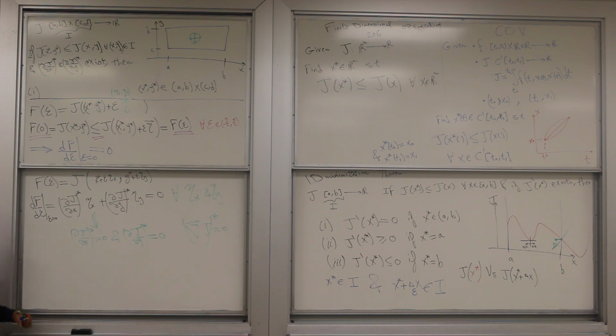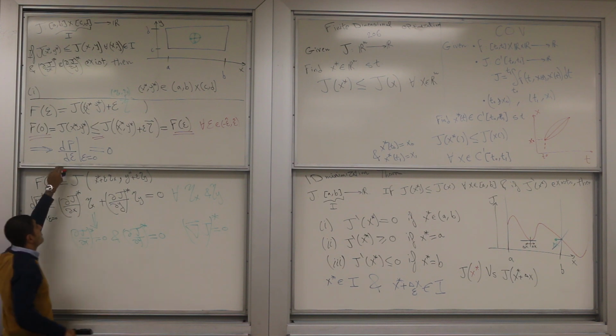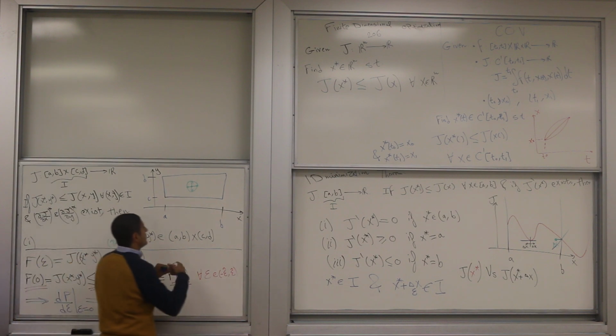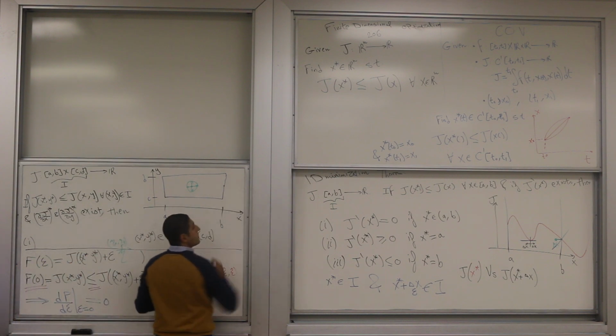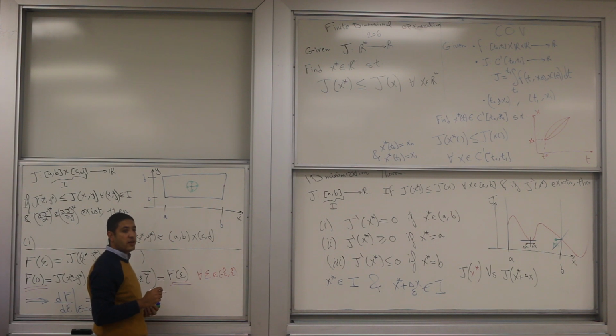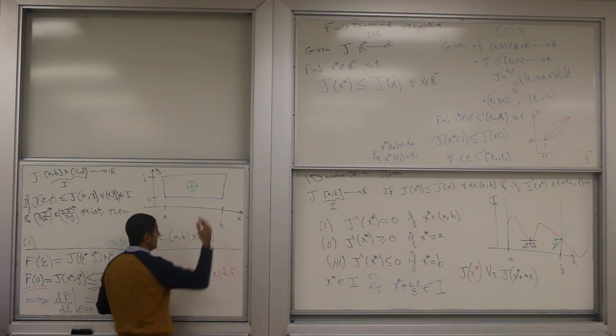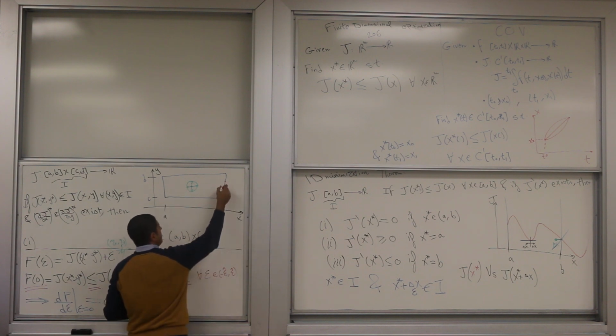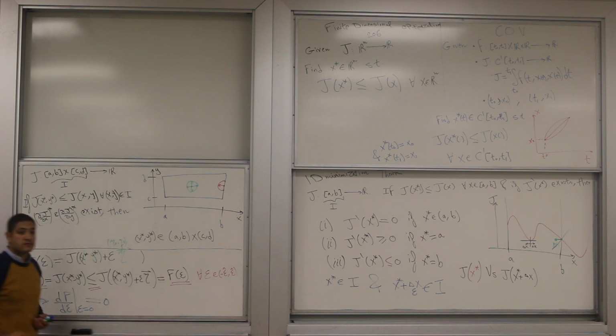Yes, please. This time eta x and eta y we can move in all directions, right? Very good. What happens if it's on the edge? If you are on the boundary, this is a very good question. If you are on the boundary here, what will happen? What about eta y? It can be anything, right? Eta x can be only negative. Or your epsilon can be only negative, right?